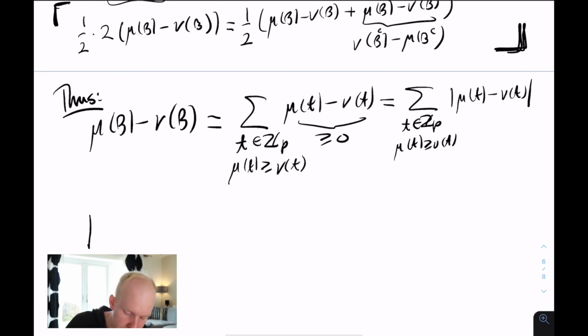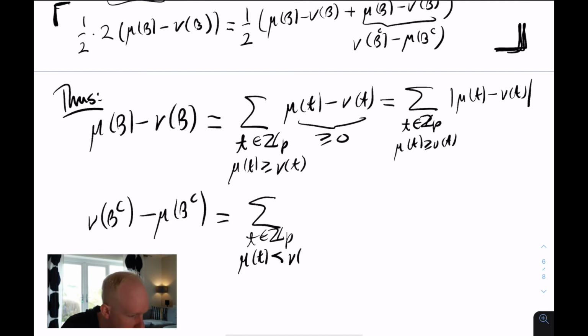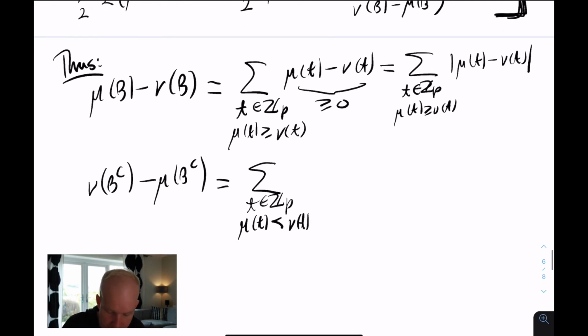So if I take now ν(B^c) minus μ(B^c), in the same way we have the sum over t in Z_p where ν(t) is strictly less than μ(t), that's the definition of the other one, of μ(t) minus ν(t).